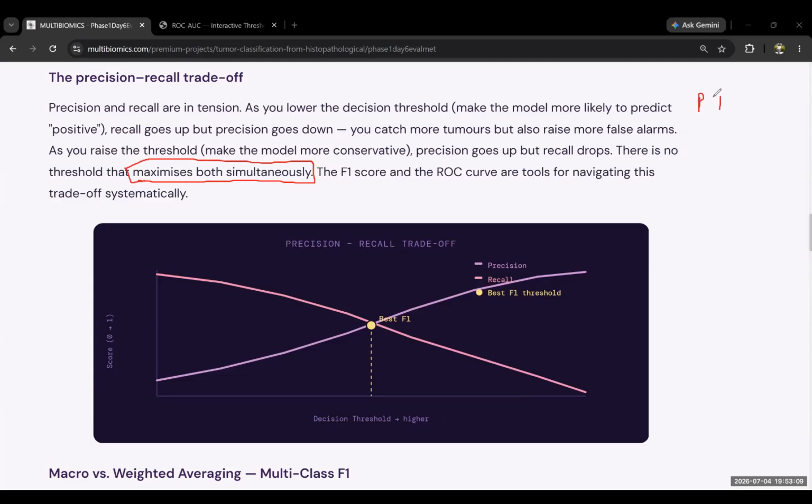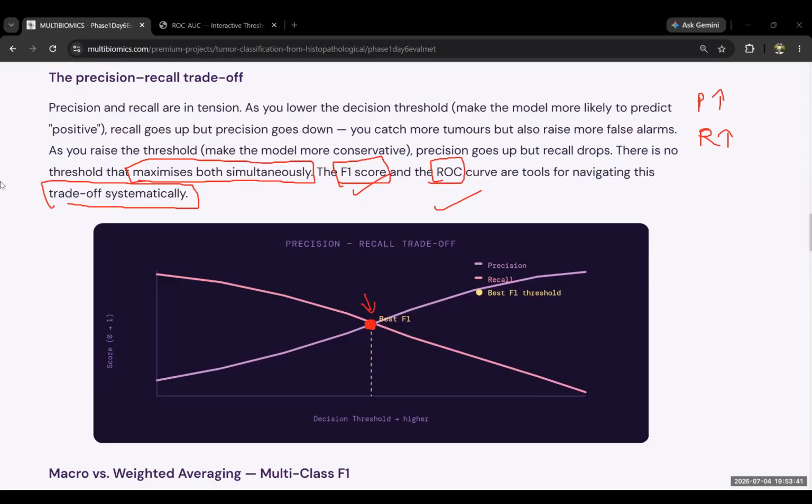We want a higher precision and a higher recall, but it is not possible. If precision is going up, recall will come down. So F1 score and ROC curve are tools for navigating this trade-off. We want an optimum number, and for that we'll go for F1 score. I told you it is the harmonic mean. The best F1 score is like meeting somewhere in the middle.